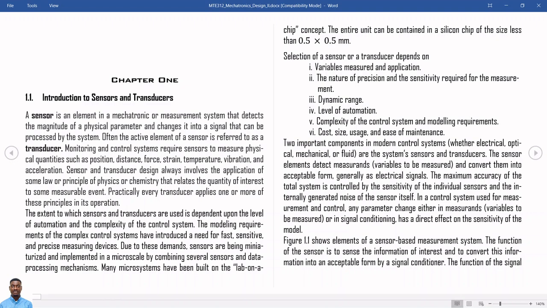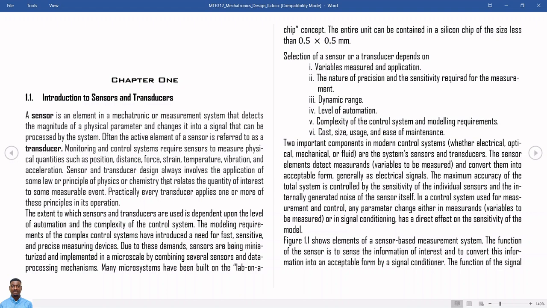Now, the design of sensors and transducers always involves the application of some law or principle of physics or chemistry that relates the quantity of interest to some measurable event. What we're saying here is that sensors and transducers require a law or principle of physics or chemistry that relates whatever is to be measured to some measurable event.